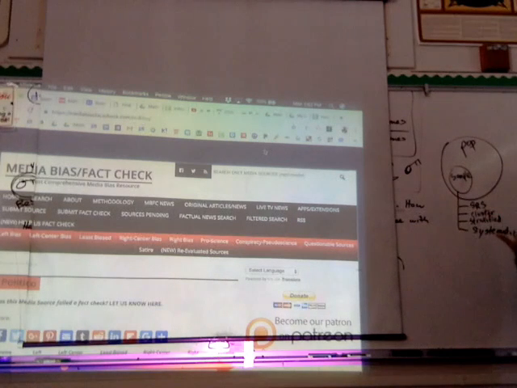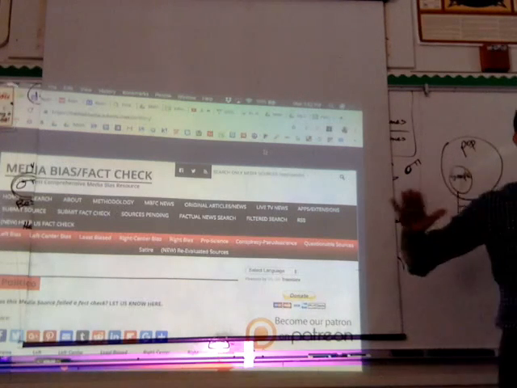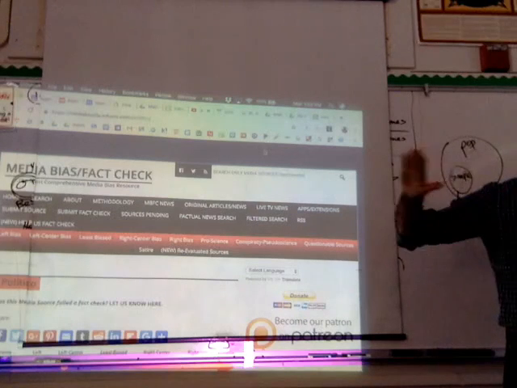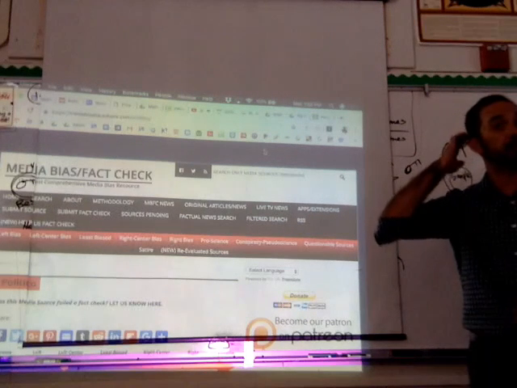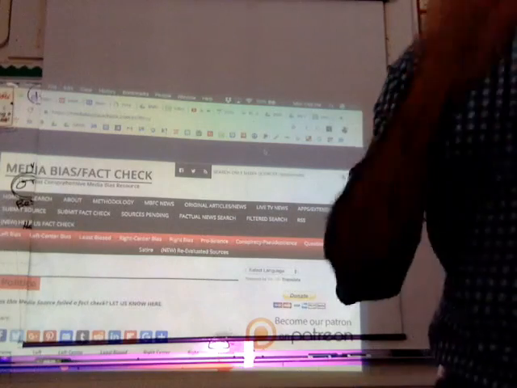I find this really helpful because when I see something on Facebook about a study or a publication, look to see where it's coming from. If it's super far right or super far left, I kind of don't want to know about it. That's kind of fringe stuff. Or at least it better be triangulated or affirmed by something a little more in the middle.